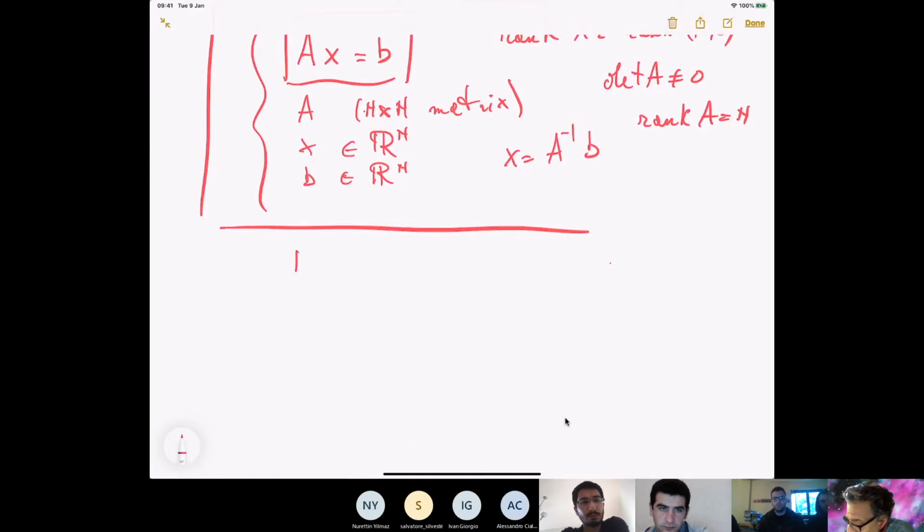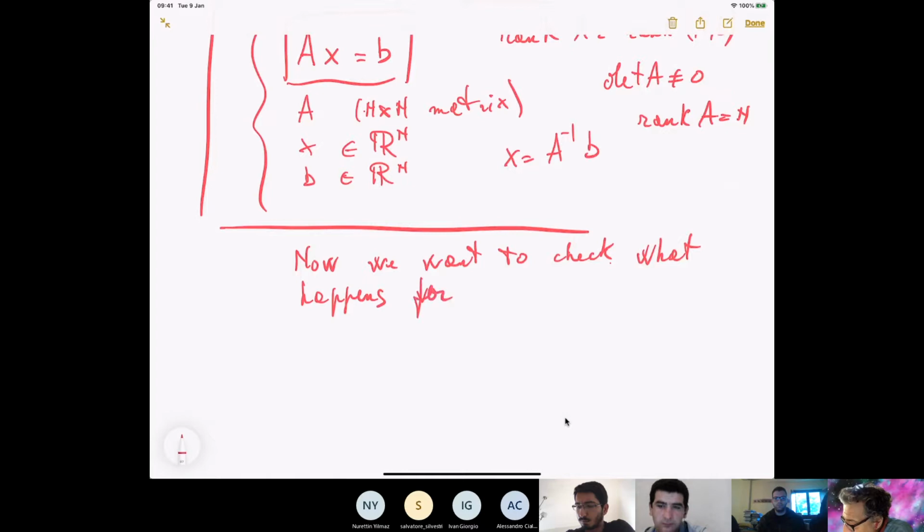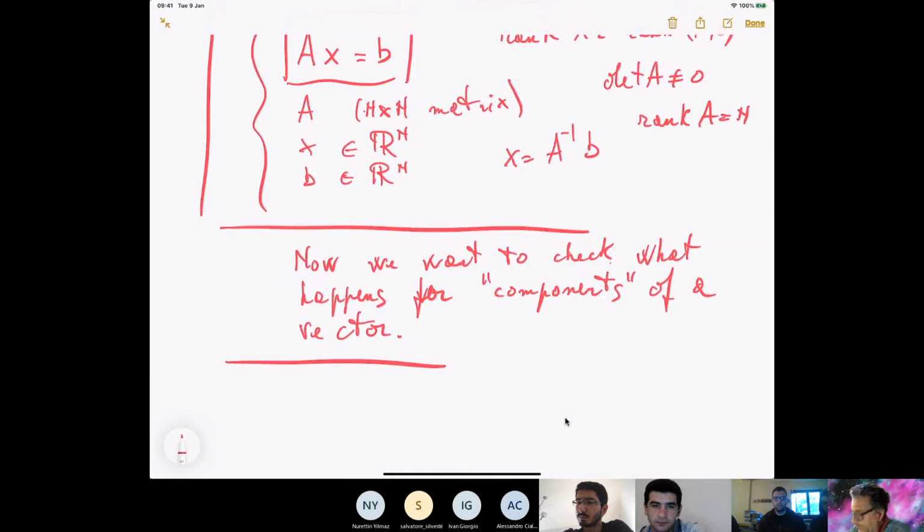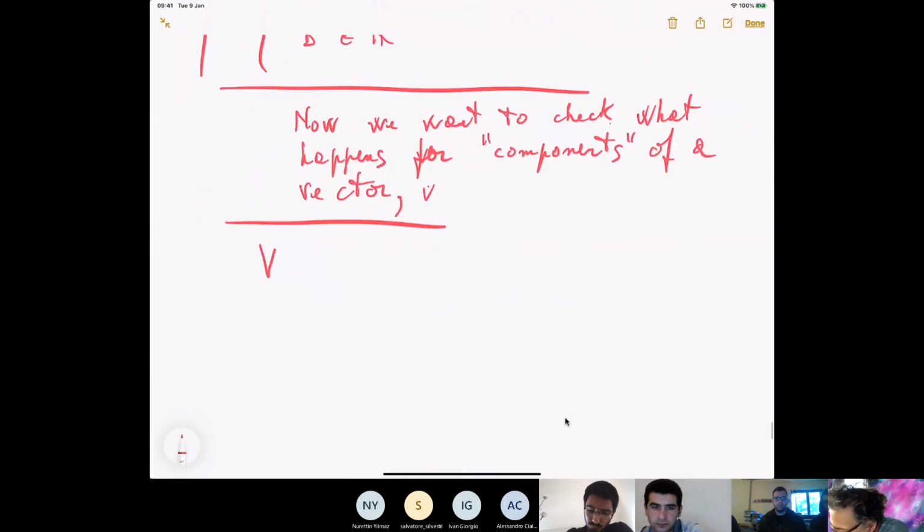Okay, now we want to check what happens for components of a vector when we change the basis.